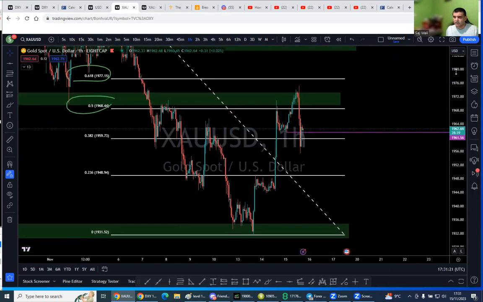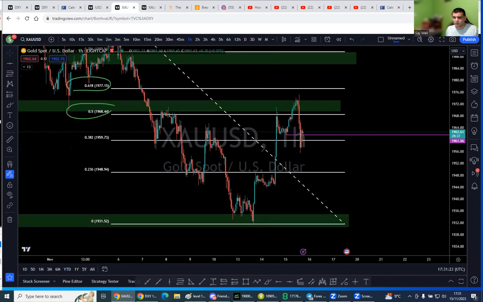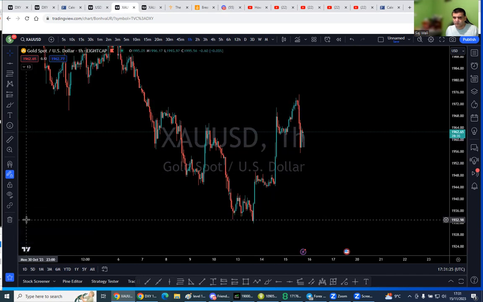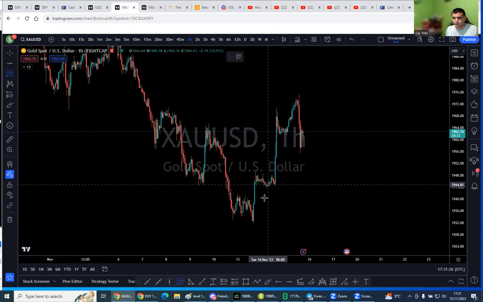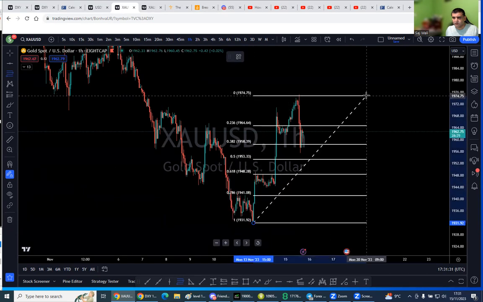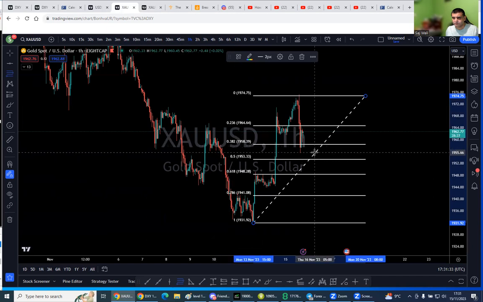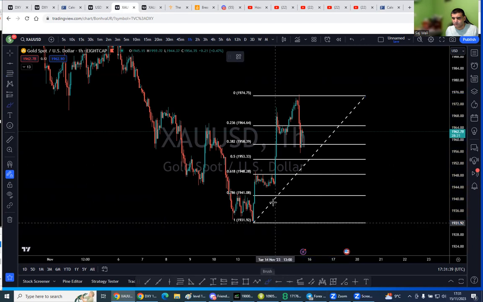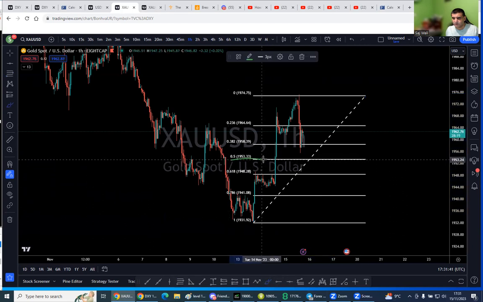So once we have this, now what next? Let me remove these levels, and if I put my Fibonacci level here, this is the rejection level. Now what I can see is the market can come to this level, that's another level.